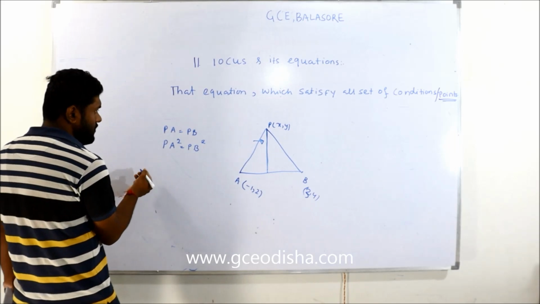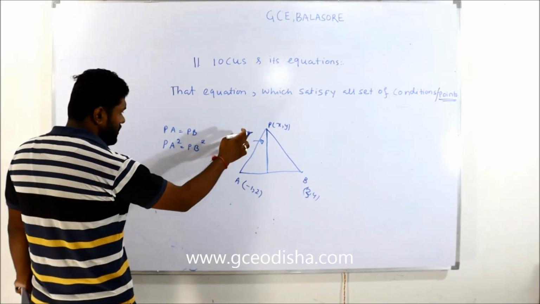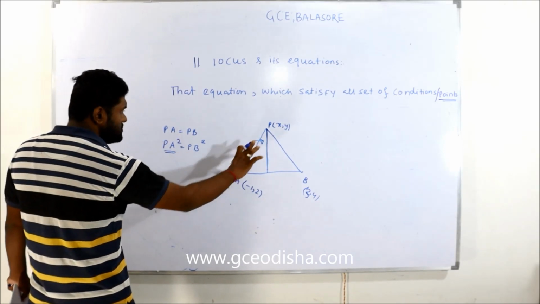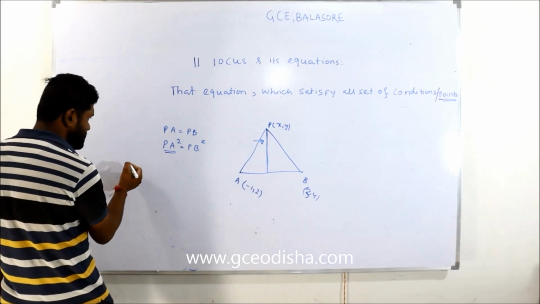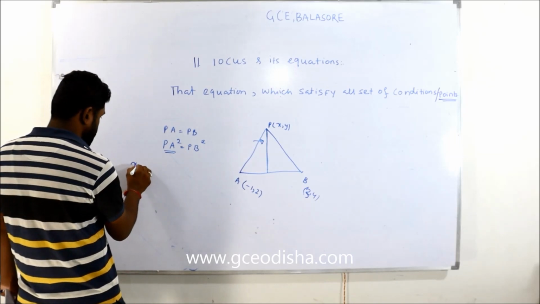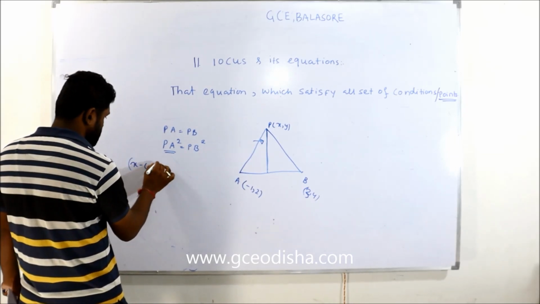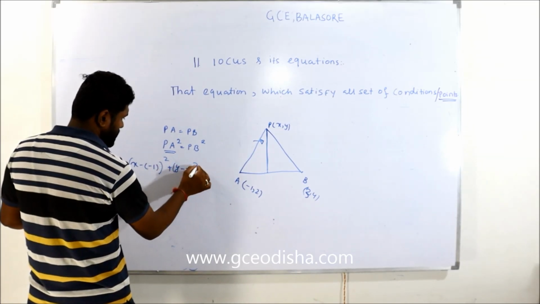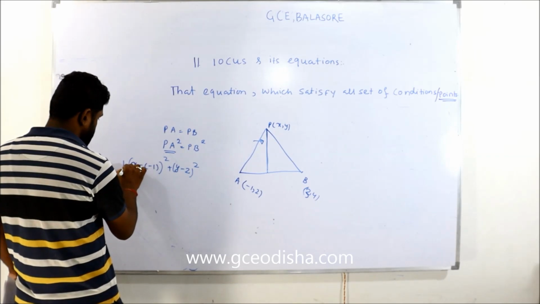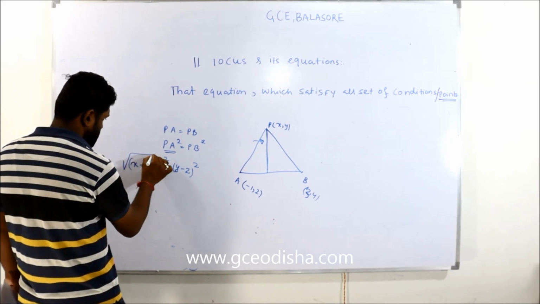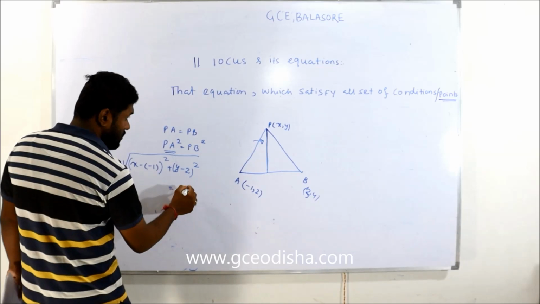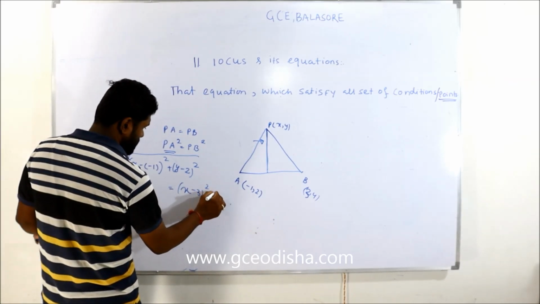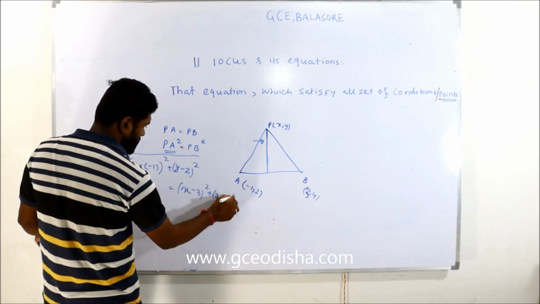When you write the equations for the distances PA and PB: square root of (x minus of -1) square plus (y minus 2) square is equal to square root of (x minus 3) square plus (y minus 4) square.